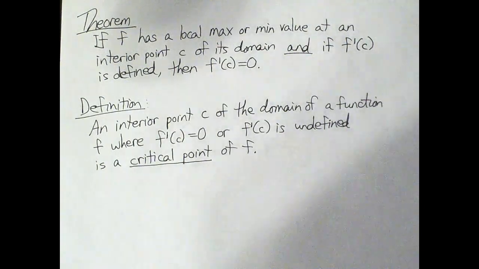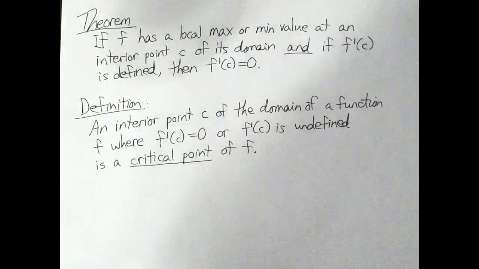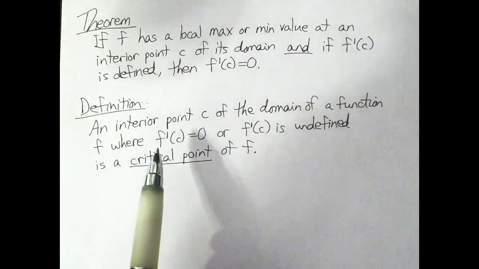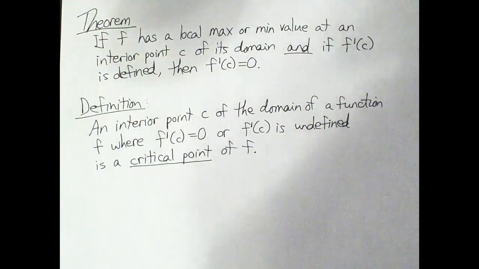So we're going to see some problems coming up that might say something like find all the critical points. And when you find all the critical points, those are the places that might have a local maximum or a local minimum. And we're going to talk about how to find whether it really is or not. But it would be easy to find these places, right? You know how to find derivatives. You could set the derivative equal to 0 and then solve.